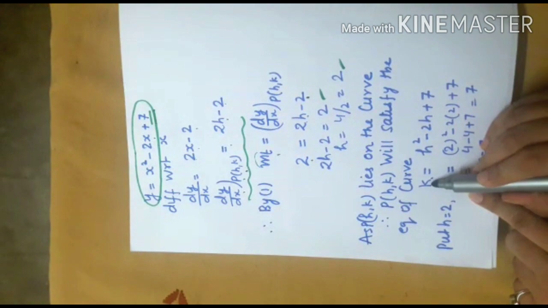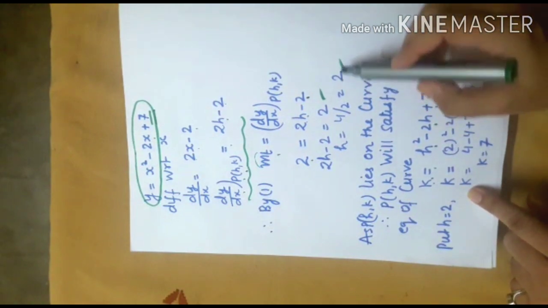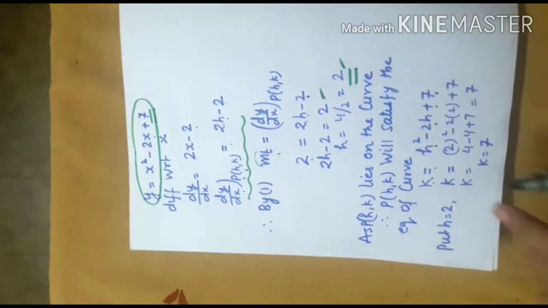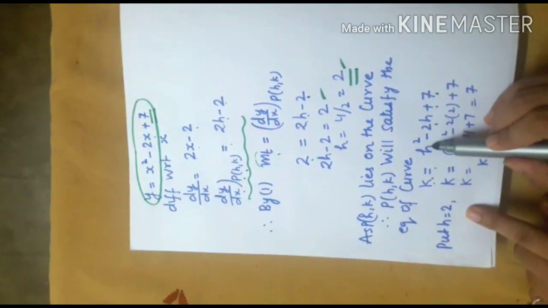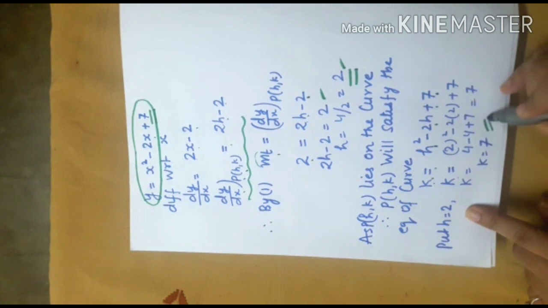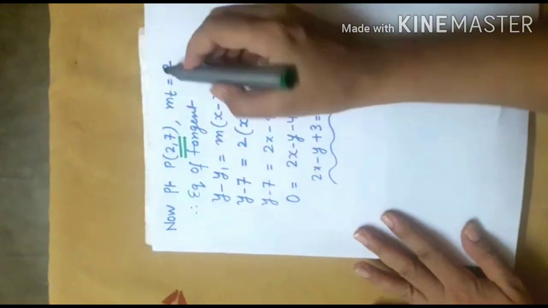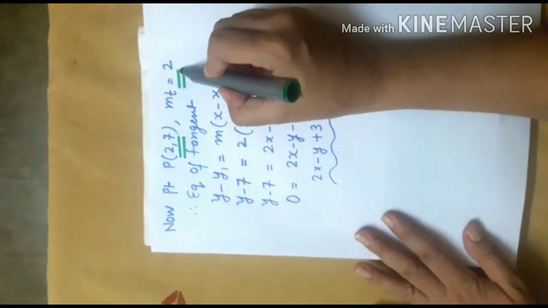I'll get k equals h square minus 2h plus 7. Now, value of h is 2. So, on putting h equals to 2, we get k equals 7. So, the point of contact is (2, 7) and slope of the tangent was 2.